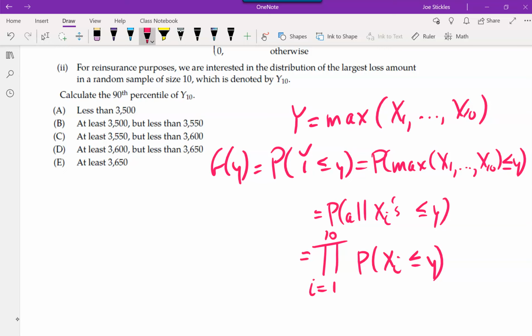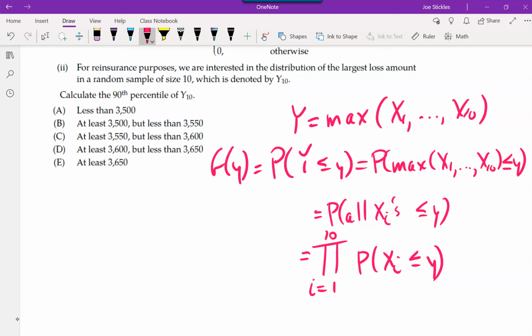So big pi is just a product, like big sigma is just a sum. Okay. So it says take the probability that x1 is less than or equal to y times x2 less than or equal to y, and so on up the line. But if I look at those individual ones, those are just statements about what? If I say the probability that x1 is less than or equal to y, what is that? How can I rewrite that in terms of what?